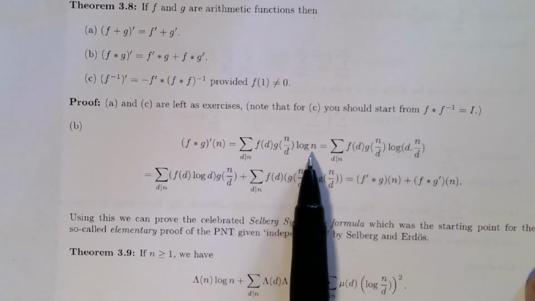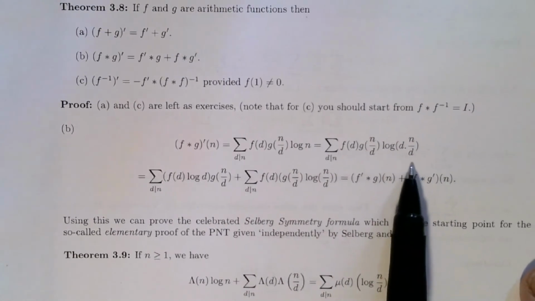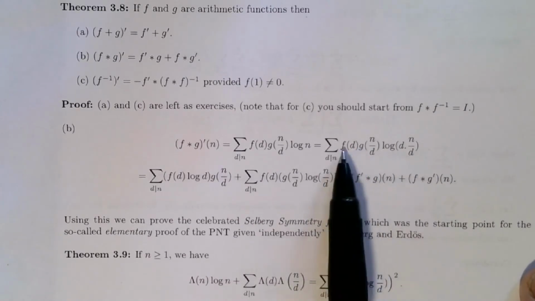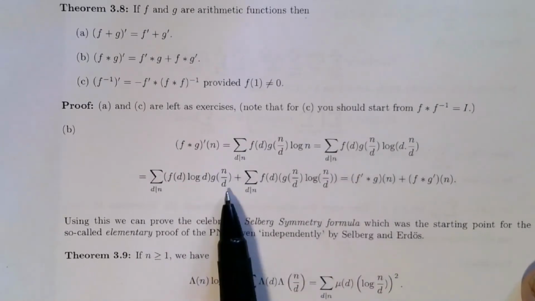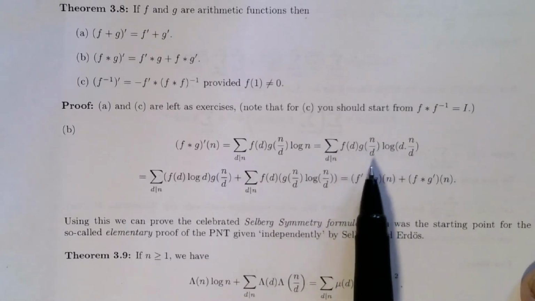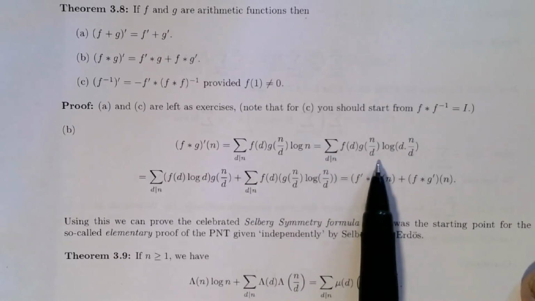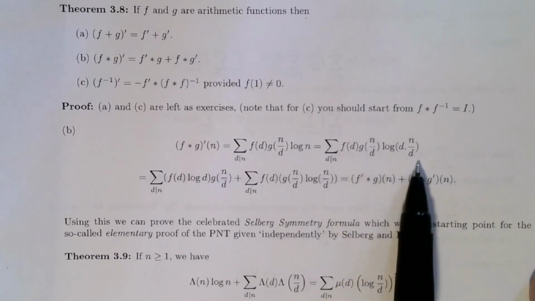And the trick now is to write n as d times n over d, and the point is I can then use the log laws to split this up. So this is now f of d times log of d times g of n over d, plus f of d times g of the cofactor and then log of n over d. I've just used the log laws on this term here.